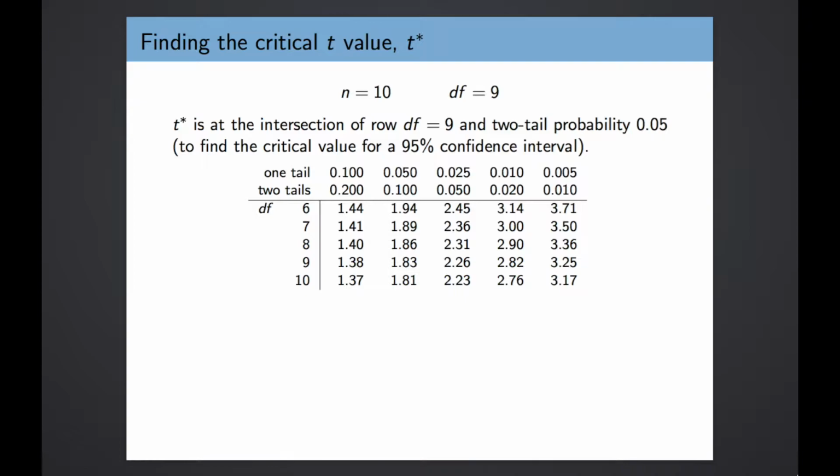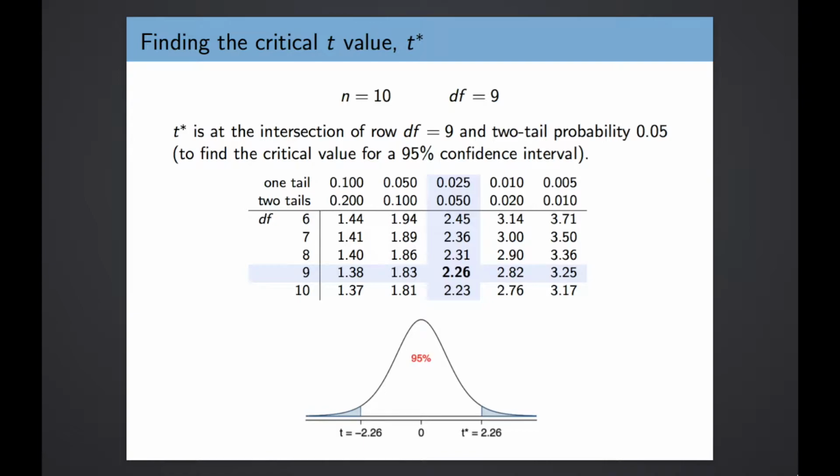So for a 95% confidence interval, we want to go out to the significance level 0.05 for a two-tailed hypothesis test with 9 degrees of freedom. So if we do that, we can find our critical value of 2.26. So that is the critical value for a t-distribution with 9 degrees of freedom for a 95% confidence interval in a two-tailed hypothesis test. So in this particular t-distribution, with 9 degrees of freedom, 95% of the data is going to fall between negative 2.26 and positive 2.26 in this distribution. Okay, so 2.26 is the critical value that we're going to use.